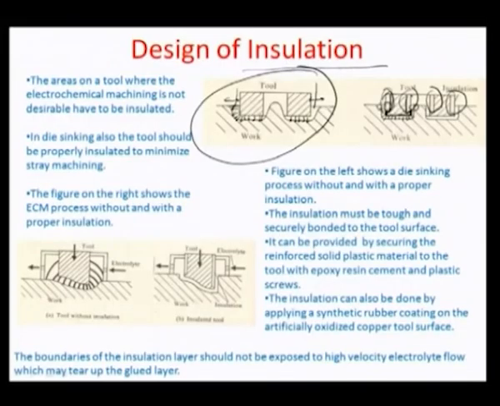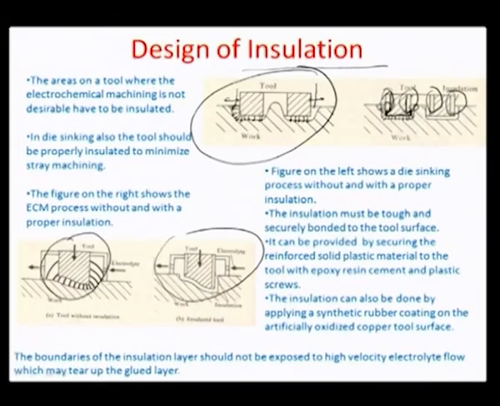Another example of insulation can be seen here. In fact, look at the difference that it creates between the shape here and here just by adding these two insulations on the electrodes.